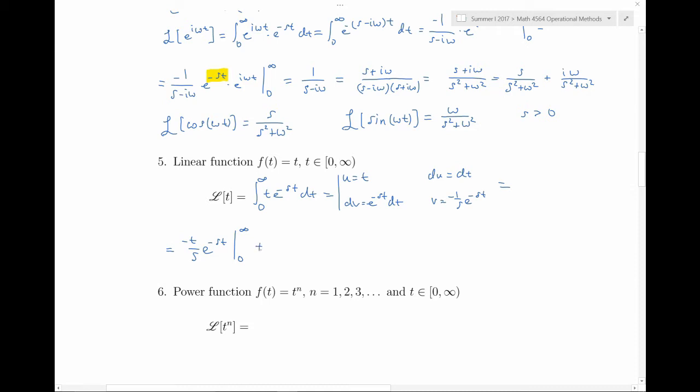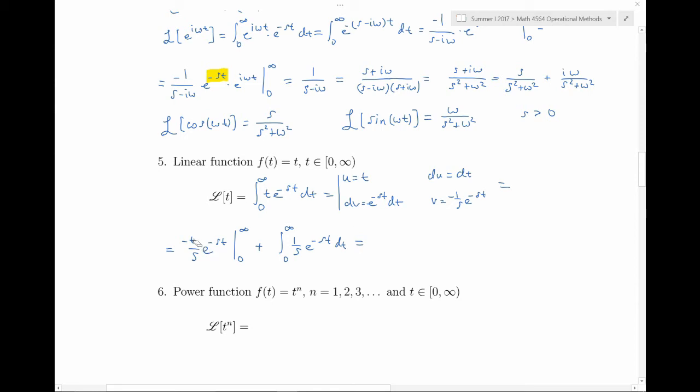Minus minus turns into plus, the integral from 0 to infinity of 1 over s e to the minus st dt. Well, for t equals 0, this whole thing is going to be 0. When s is positive and t goes to infinity, this exponential function will converge to 0.